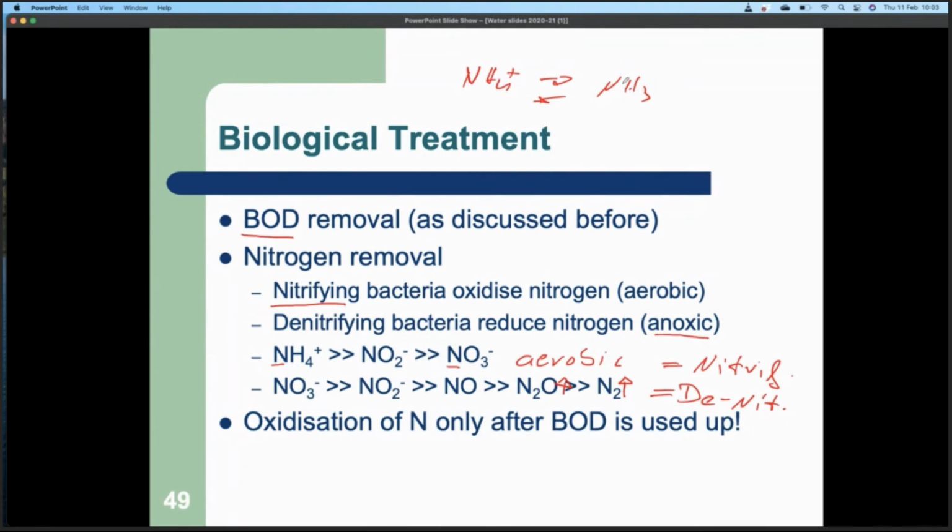And if you move the pH and you drive this equilibrium towards NH3, then NH3 is a gas, and that could also easily escape. So one way of getting rid of the nitrogen in water would simply be to blow lots of air through it, and guess what we're doing in a sewage treatment works? But that would really only work if you have ammonia rather than ammonium.